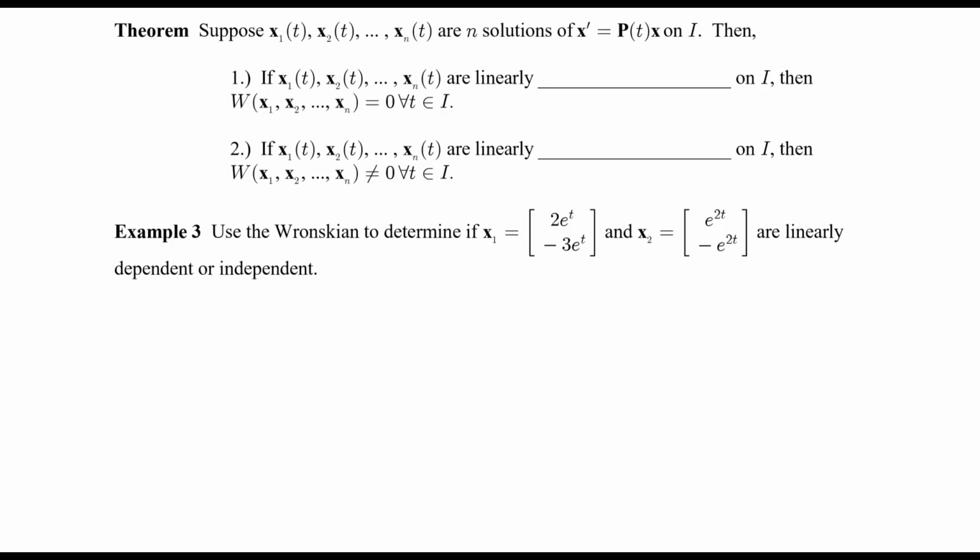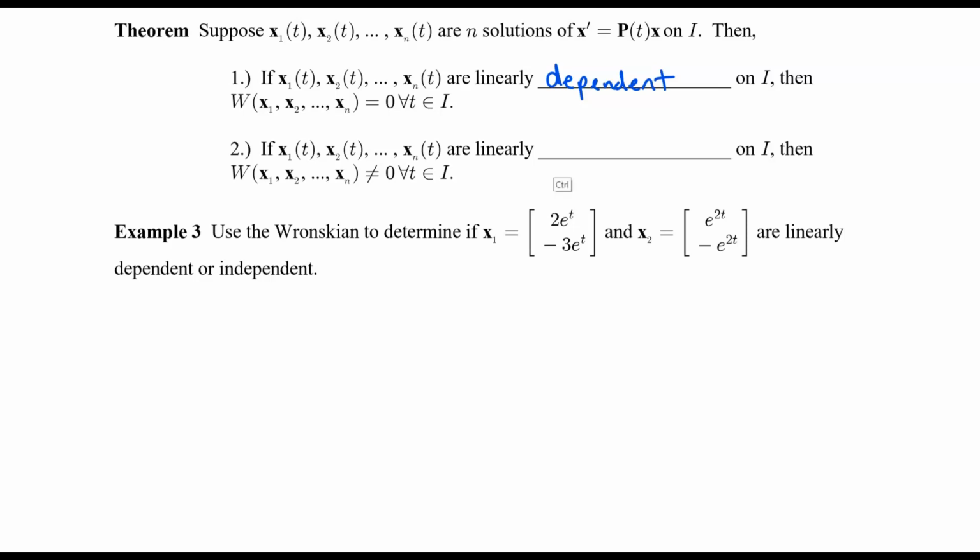Then two cases. Number one, if x sub 1, x sub 2, up to x sub n are linearly dependent, then their Wronskian is going to be 0 for all t on that interval. That interval may be negative infinity to infinity, or it may be some subset of that. So if the Wronskian is 0, we're going to conclude linear dependence.